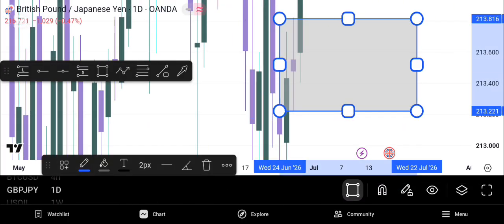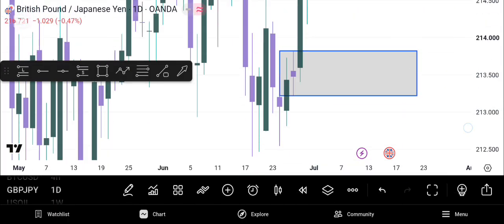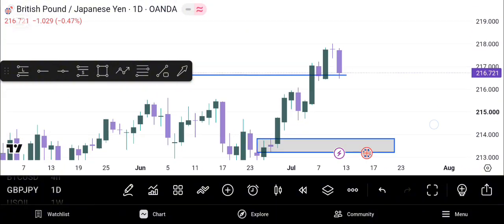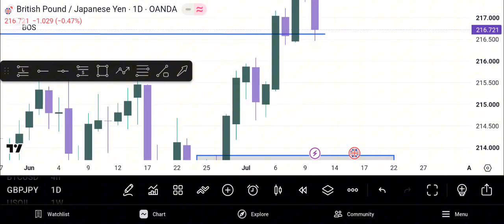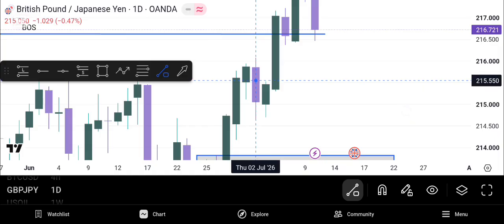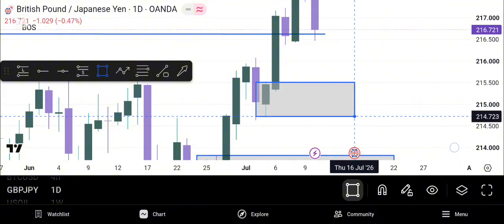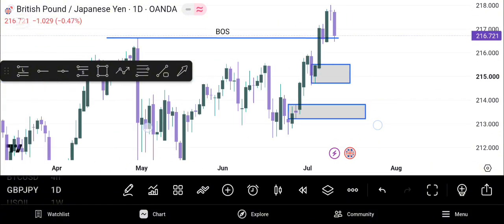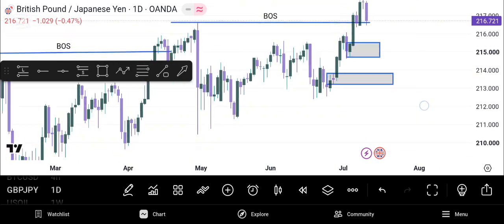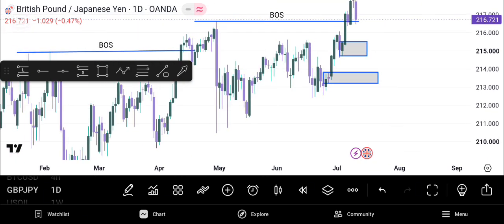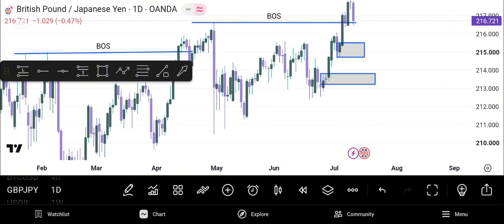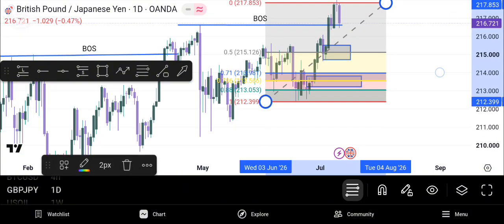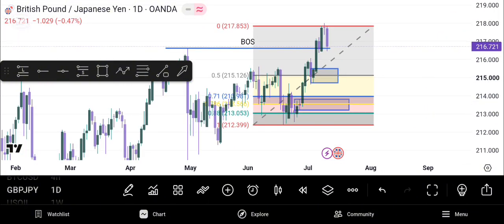But that is not all about it, right? On the daily time frame, we also have this low here, this order block here. So when I have situations like this with two order blocks, what I usually do is use my Fibonacci retracement tool from that lowest point to the highest point.